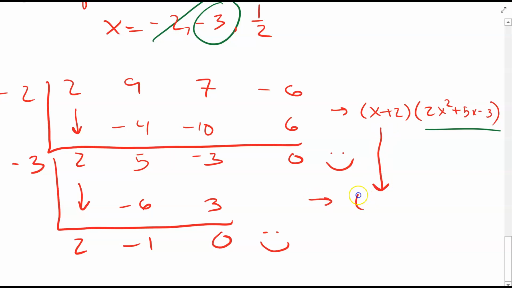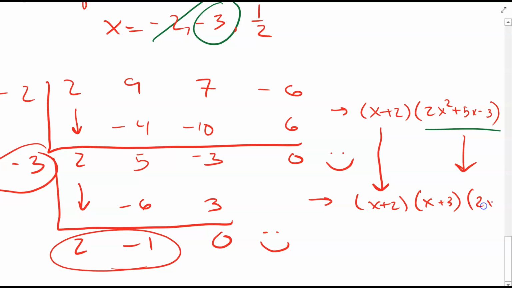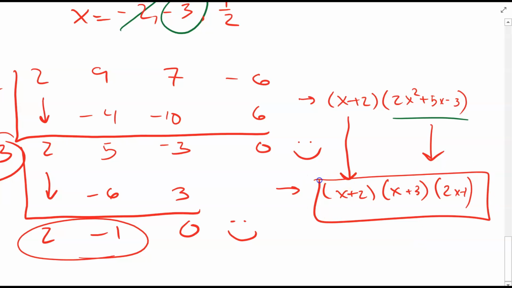So what I can tell from this is the x plus 2 is still there, and then this piece becomes x plus 3, and then 2x minus 1. And there's my fully factored polynomial.